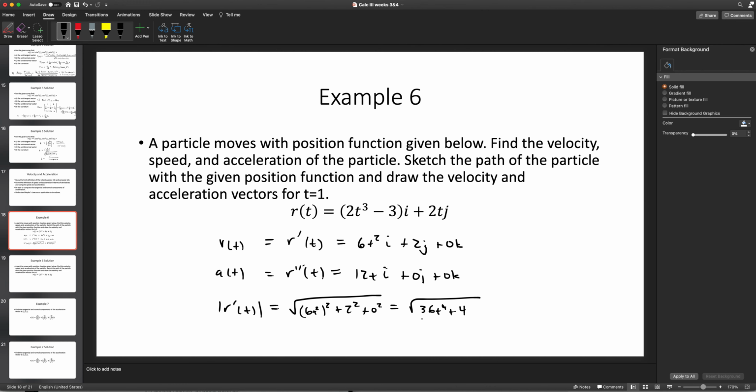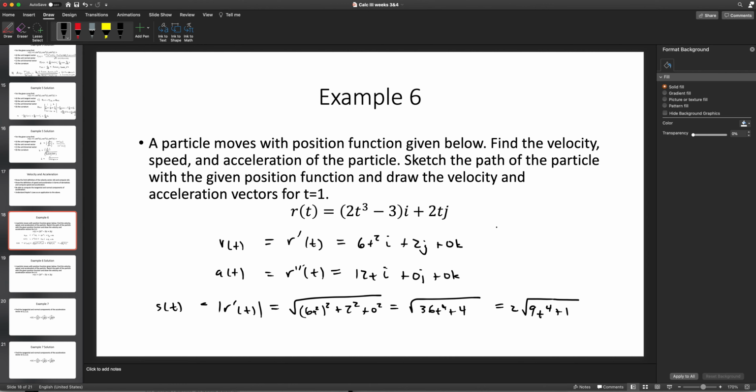Obviously, there's a GCF of 4 here, so you get 2 root (9t to the 4 plus 1). And that's our speed. I'll just call that s of t for speed.